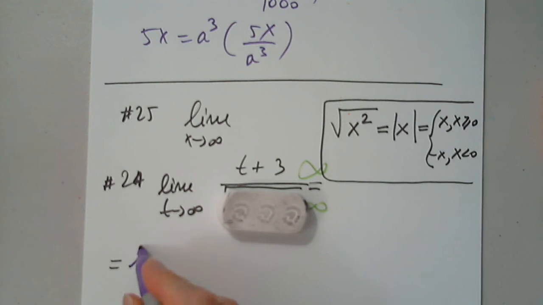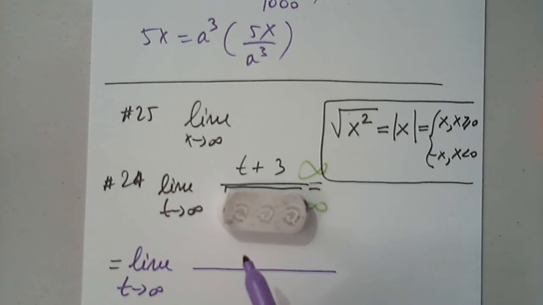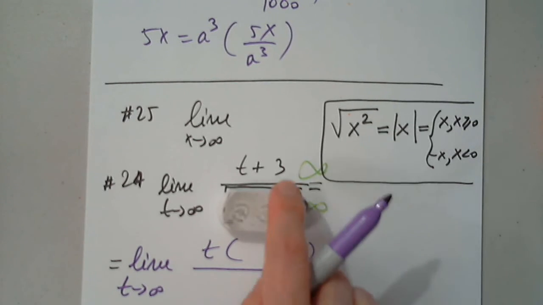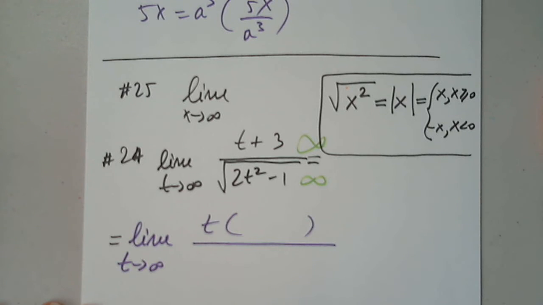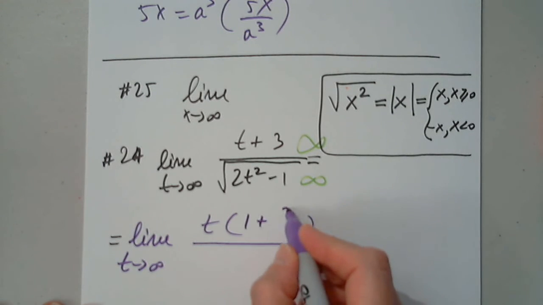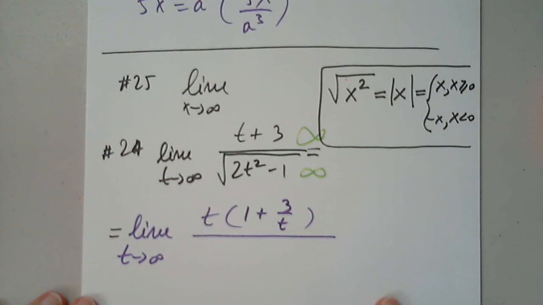What is the degree of the numerator? 1. Yes, so we factor out t. Can anyone tell us what we have in parentheses? 1 plus 3 over t. Awesome, brilliant. Thank you.